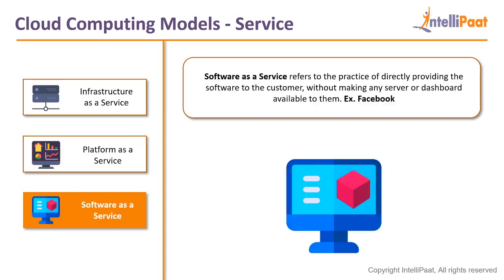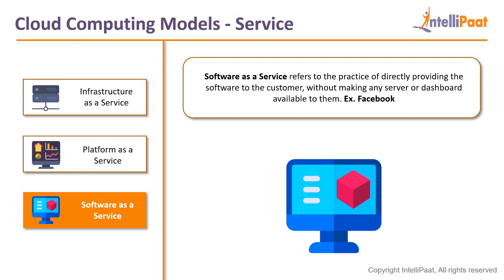And the third kind of service is software as a service, wherein your software is deployed on the cloud and you give it to the customers as a service. You do not give them access to the server. You do not give them any access such as a dashboard where they can deploy stuff. You just give them the software itself. For example, I told you the example of Netflix. I told you the example of Google Drive.